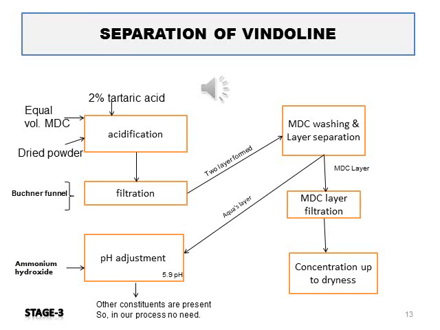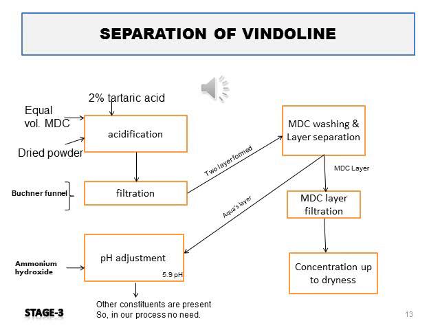Stage 3, separation of the Vindolin. From the stage 2 dry powder, we took it for stage 3 and acidified it using MDC and tartaric acid, then filtered, then layer separation was done. From the layer separation, the MDC layer, which has Vindolin, was separated through evaporation techniques.